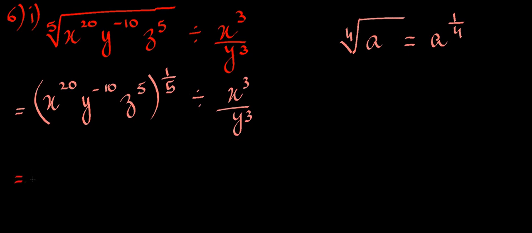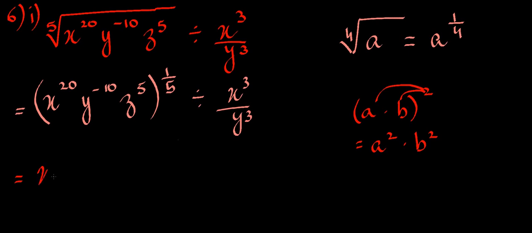This is further equal to, now again another law coming into picture where we have a into b, the whole raised to 2 will be equal to a raised to 2 into b raised to 2. This 2 will be applicable to both a and b. Similarly, this 1 upon 5 will also be applicable to each term in the bracket.